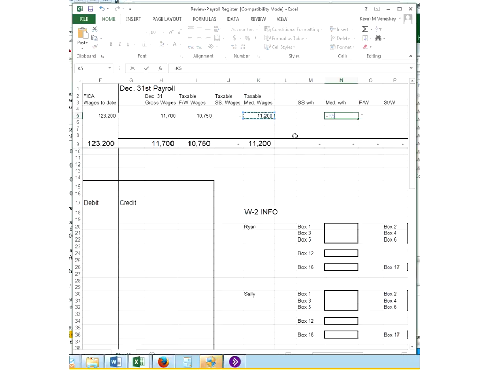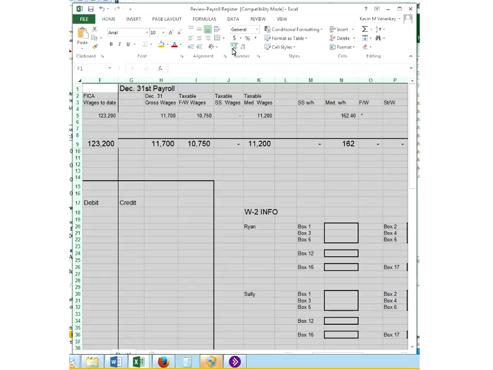Medicare would be this. I would simply go this amount times 0.0145. Shows me how much my Medicare withholding should be. And if it's not coming out to be cents and you want it to, we can easily bring that out as well just by hitting this little 00 button with the arrow.